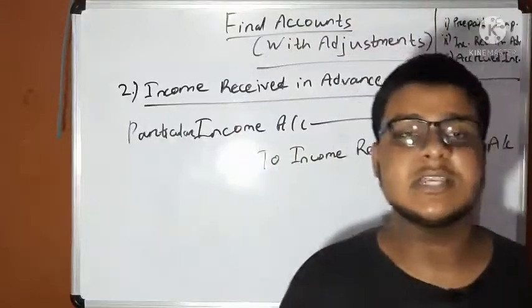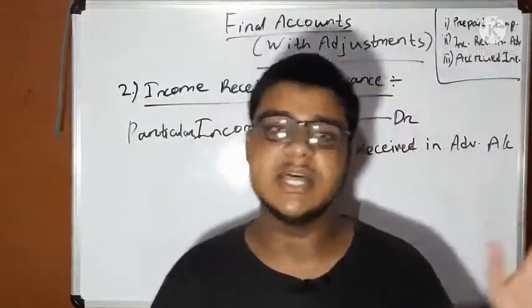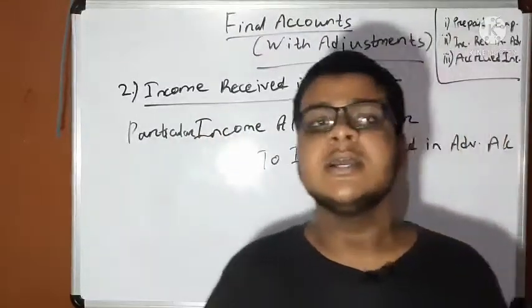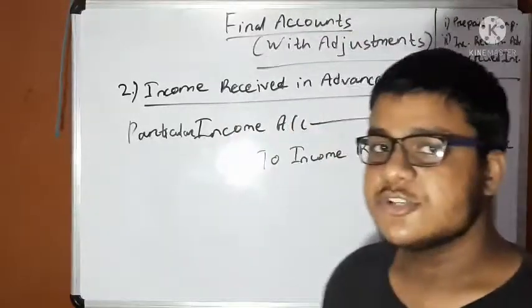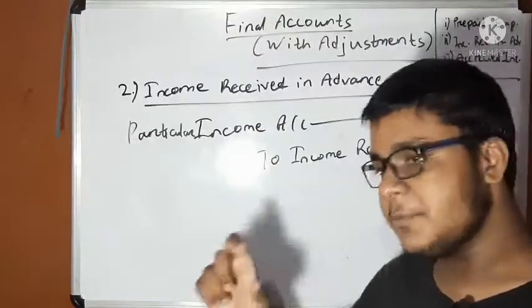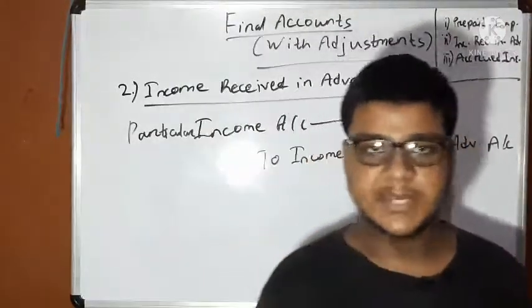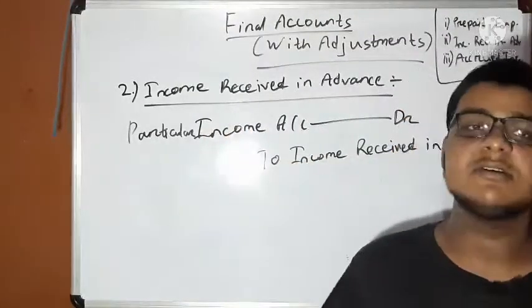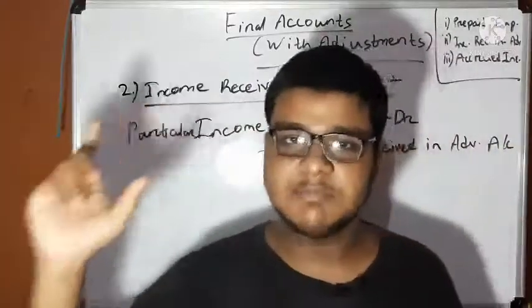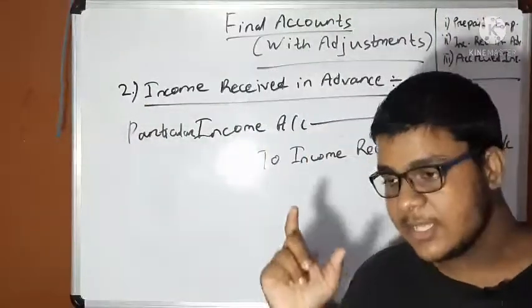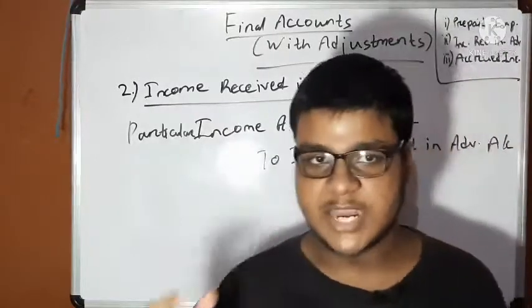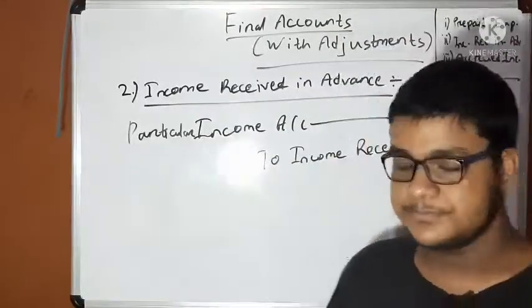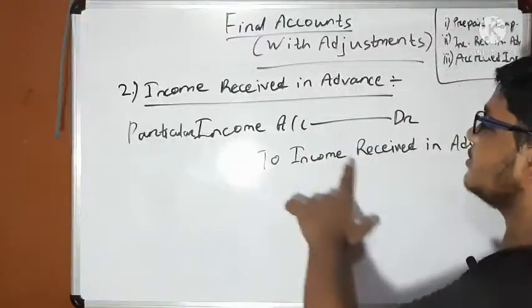As the income is related to the next accounting period, but the amount related to that income is received in this current accounting period, it is to be deducted while preparing the final accounts. Income received in advance is to be deducted from that particular income, so that the net value of that income can be identified.